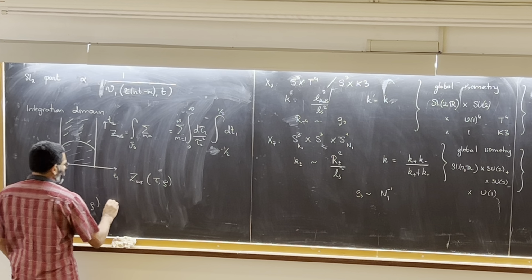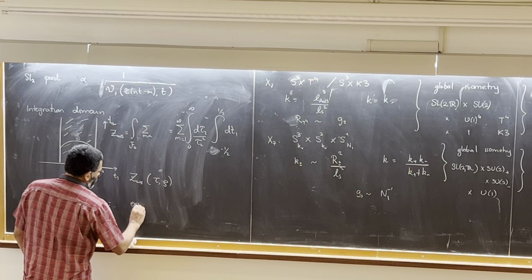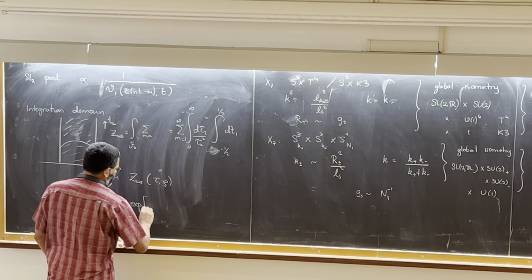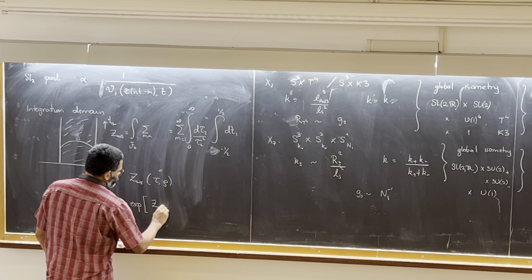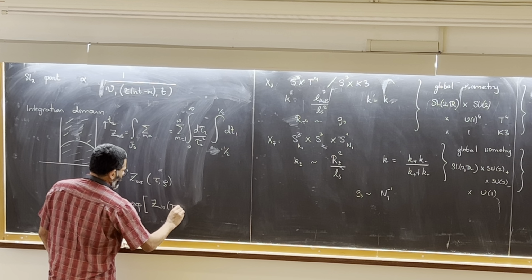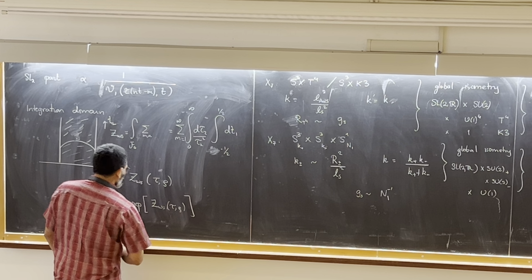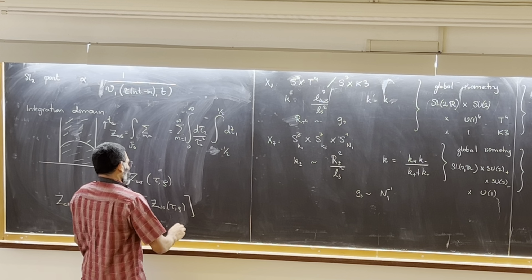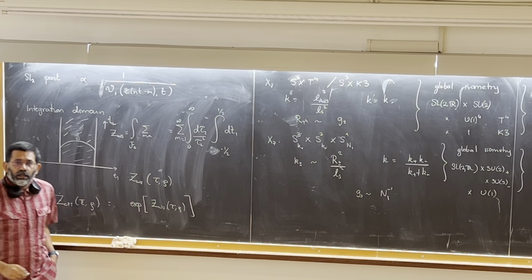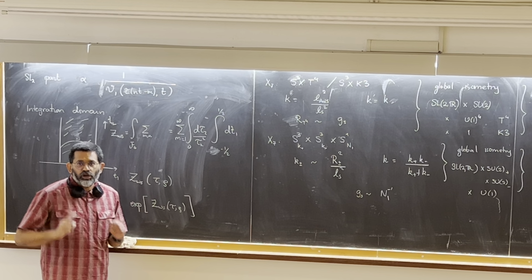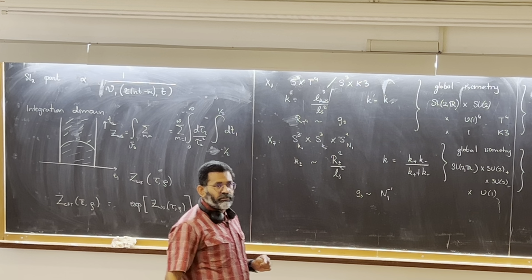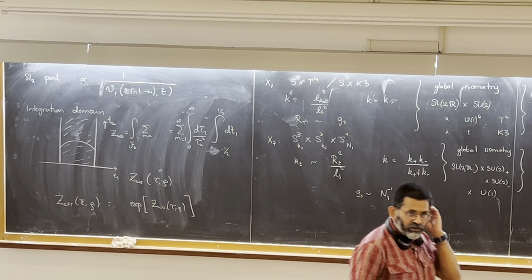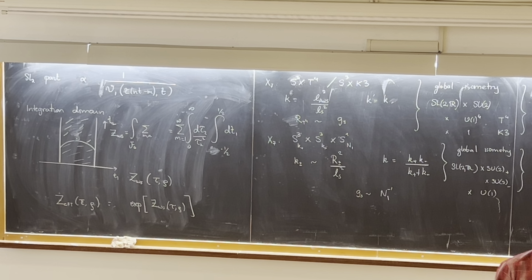The CFT answer is the exponential of the worldsheet partition function. But if there was only one geometry and fluctuations around one geometry that contributed to the CFT answer, we would get a modular invariant answer for the CFT from the beginning.